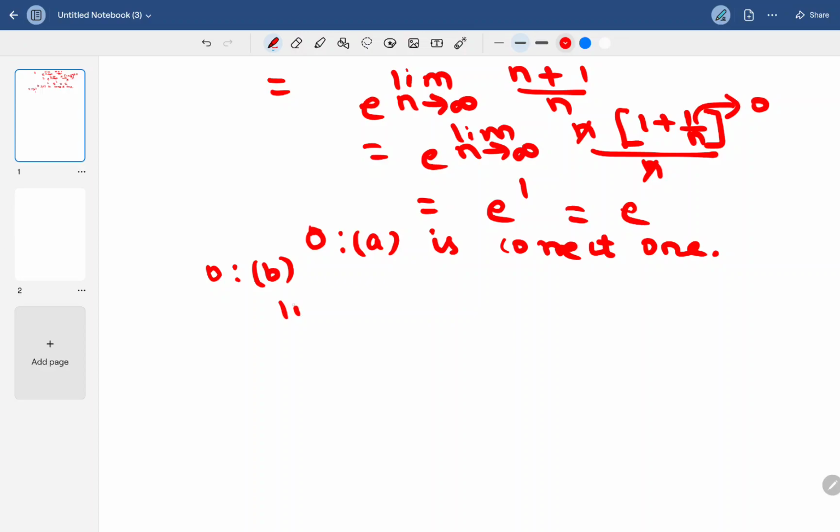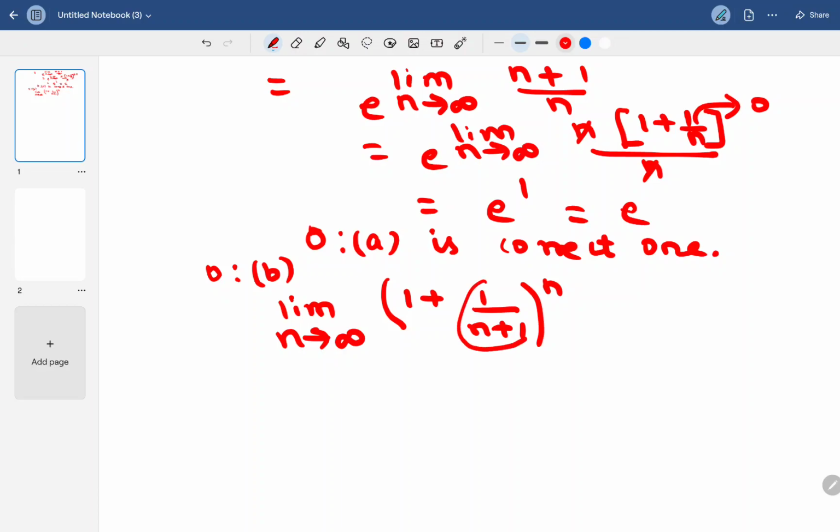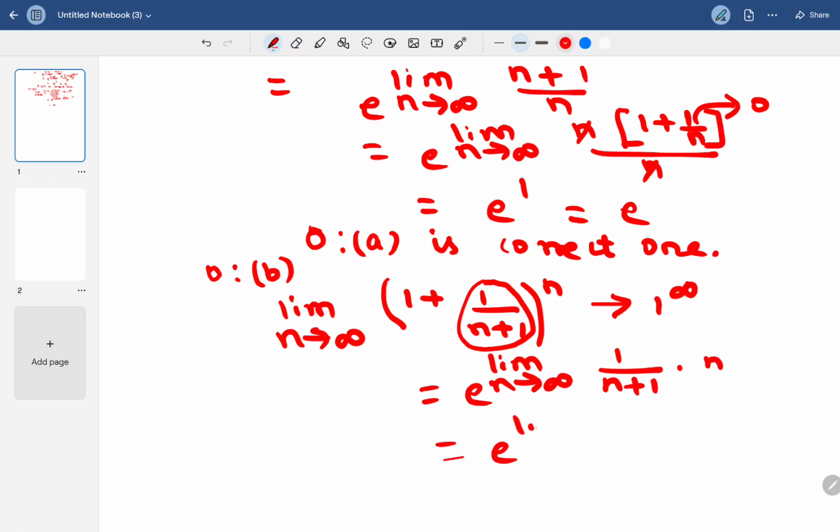What is option B? Limit n tends to infinity of (1 plus 1 by (n plus 1)) power n. Again, as n approaches infinity, 1 by n plus 1 tends to 0. It is of the form 1 power infinity. Again, I am using the same result. e power limit n tends to infinity of 1 by (n plus 1) into n. It can be written as e power limit n tends to infinity of n by (n plus 1).